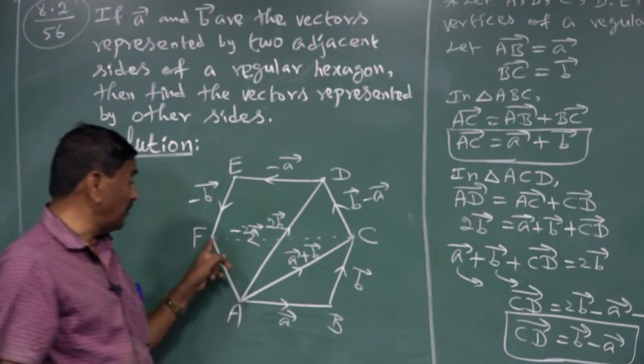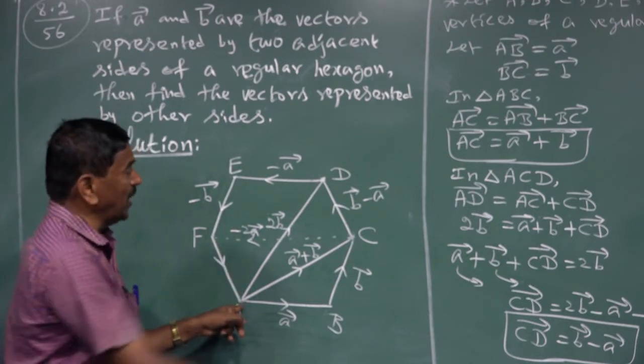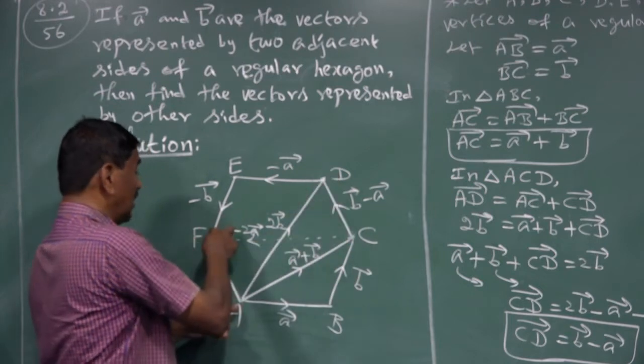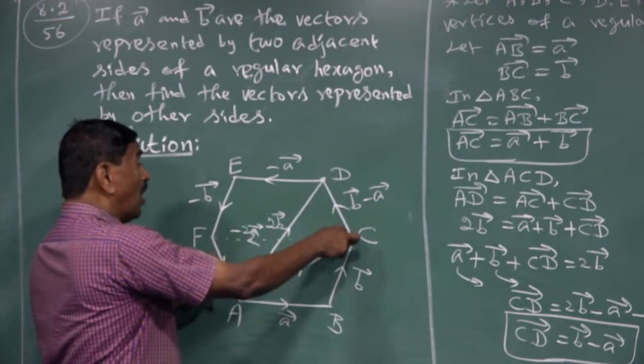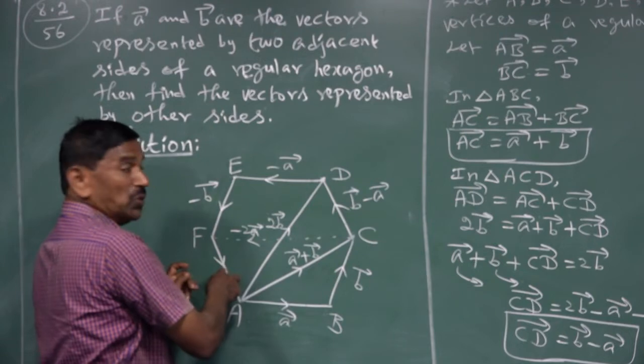Okay, any idea to find FA vector? Yes, here CD vector and FA vector are opposite in direction, equal in magnitude.